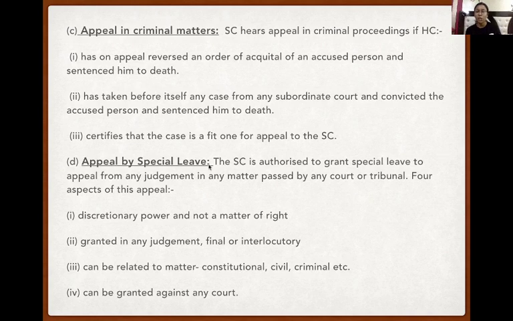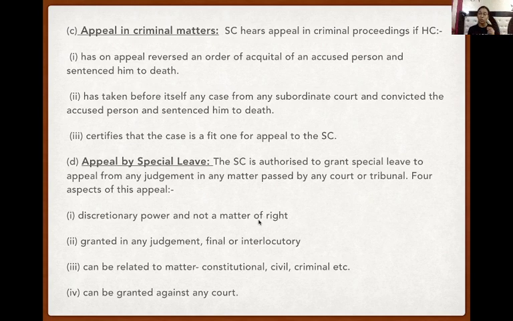But there are four aspects of this appeal. First of all, it is a discretionary power and not a matter of right. You cannot ask the Supreme Court to try a case because this is not your right. This is a discretionary power of the Supreme Court.